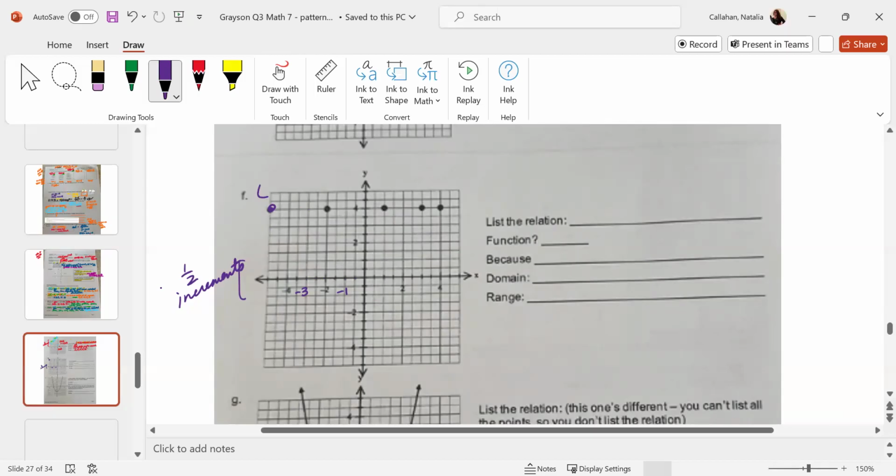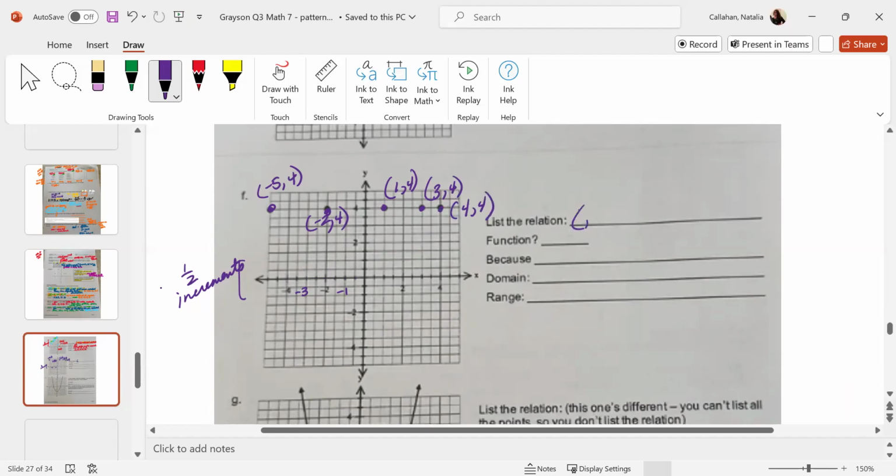So this one is going to be -5, comma, 4. This point is -2, comma, 4. This point is 1, comma, 4. This point is 3, comma, 4. The next point is 4, comma, 4, right?